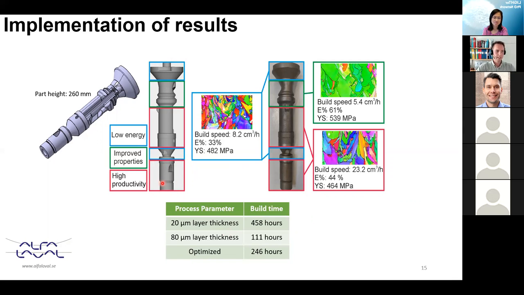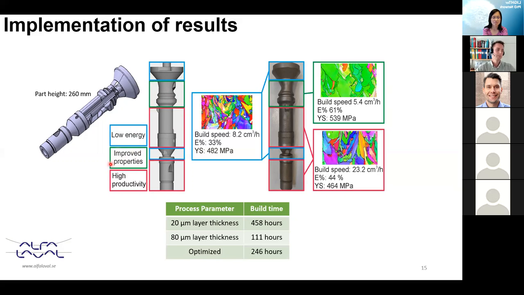They didn't have any need for any specific elongation or so on. And here, they needed to have lower energy because the design looks like this. When we're going from thick to thin, we need to use a lower energy. Otherwise, we overheat the part and we get problems with the machine, so to say. And then up here is the critical part, where we need to have the highest possible properties.